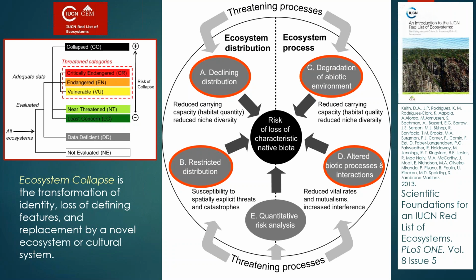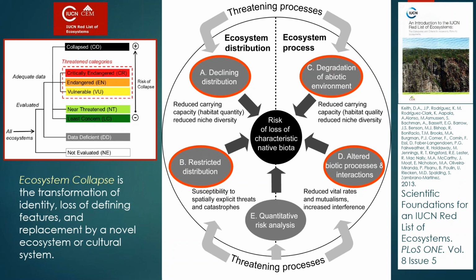This graphic on the right gives you a sense of an organizing structure for the Red List of Ecosystems. There's a series of threatening processes that we want to organize information around. Some focus on ecosystem distribution, others on ecosystem processes. Under ecosystem distribution, we think about declining distribution over time, as well as highly restricted distribution, which is relevant to thinking about threat status for ecosystems.